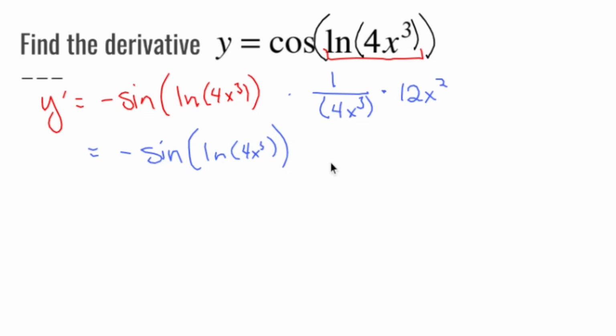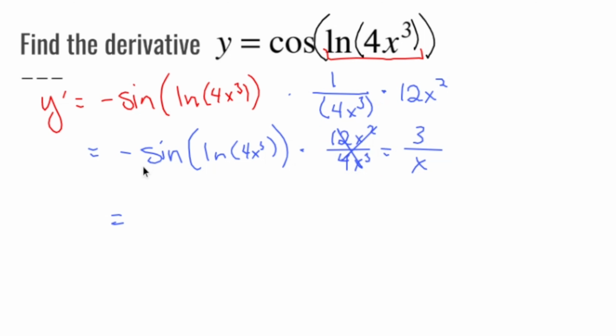This guy over here becomes 12x squared over 4x to the third, which simplifies to 12 over 4 is 3. x squared over x cubed is x. So I could put this all together as, get rid of that and make it that.